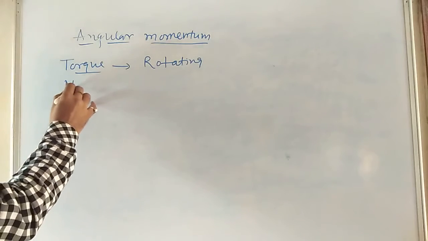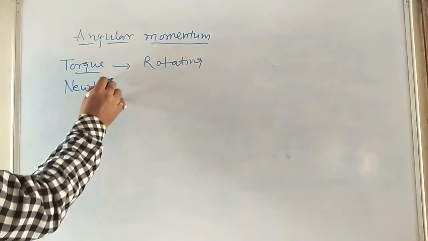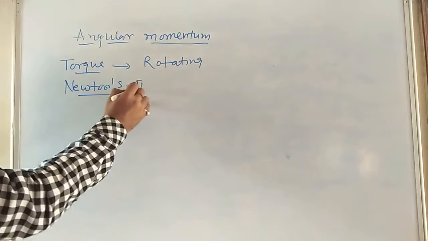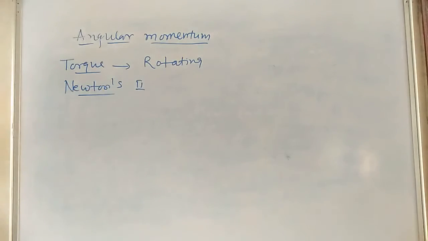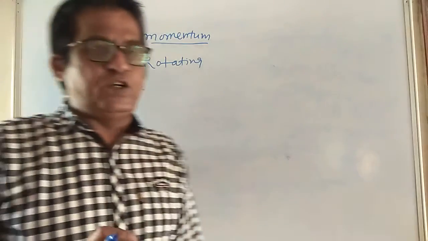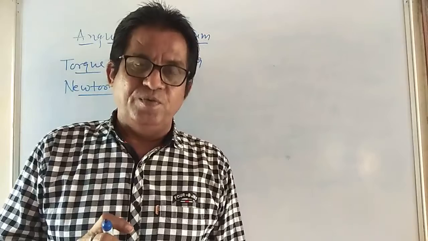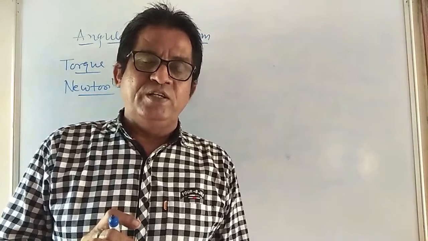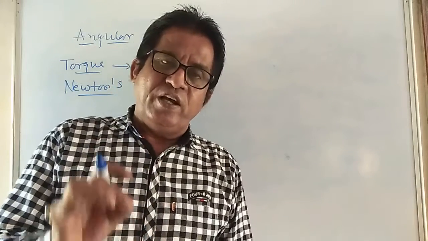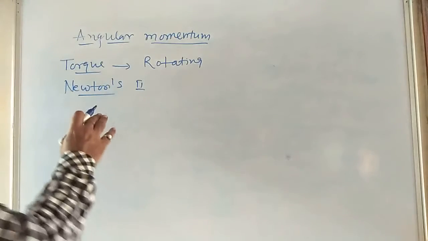According to Newton's second law, what is that? Force is equal to the rate of change of linear momentum. The rate of change of linear momentum is directly proportional to the applied force. That is Newton's second law.